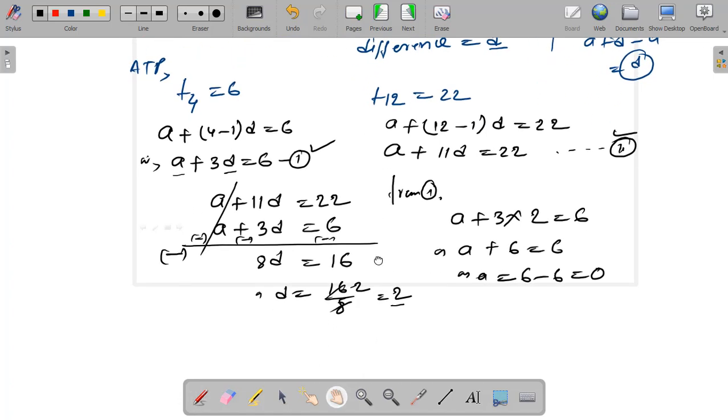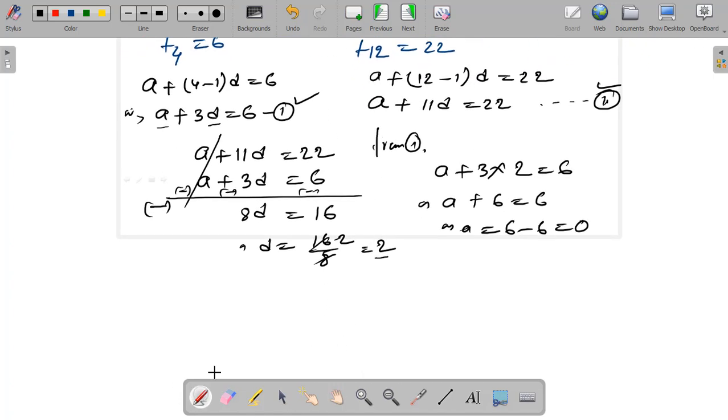Hence the value of a equals 0 and the value of d is 2. Now we have to find the arithmetic progression, or AP.